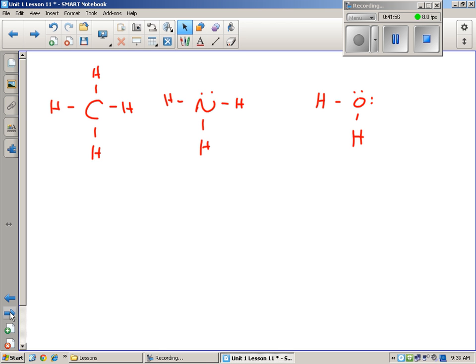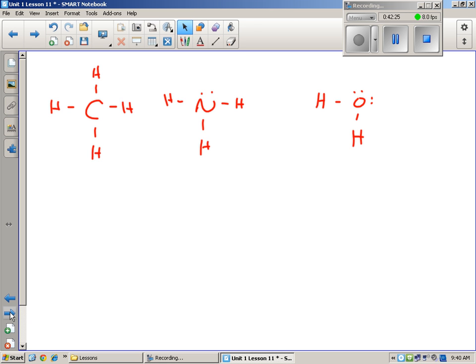You're right, and I picked those for a reason, because I wanted you to just look at those. But as far as structures go, if you look at the central atom, what do these 3 molecules have in common? How many things are around the central atom for each one of these? Anyone? 4.